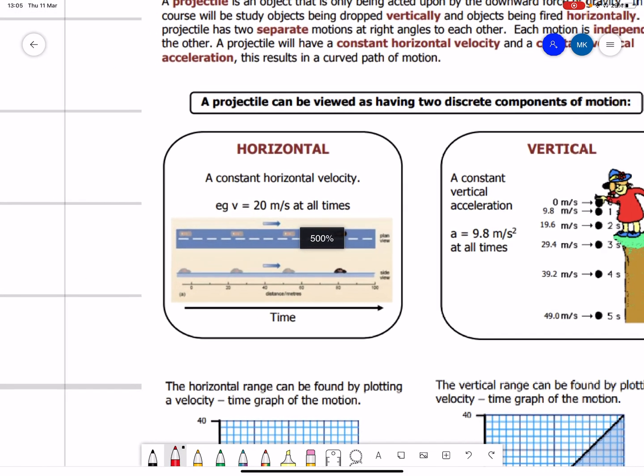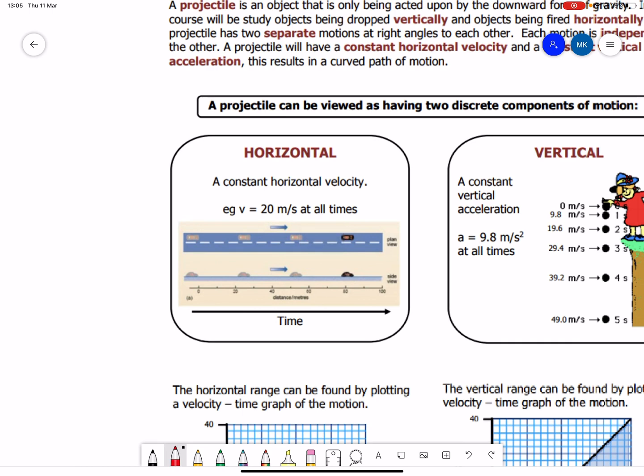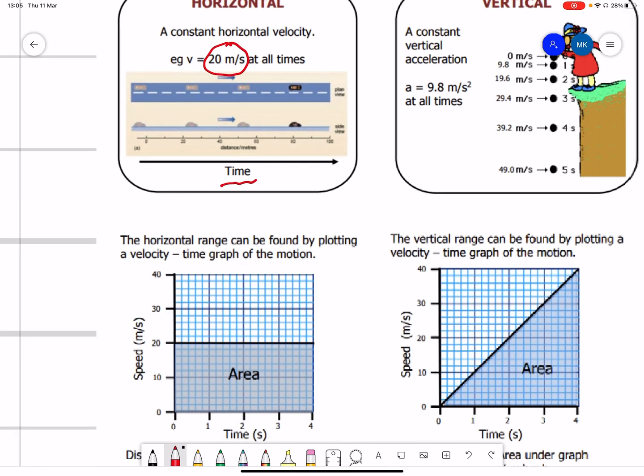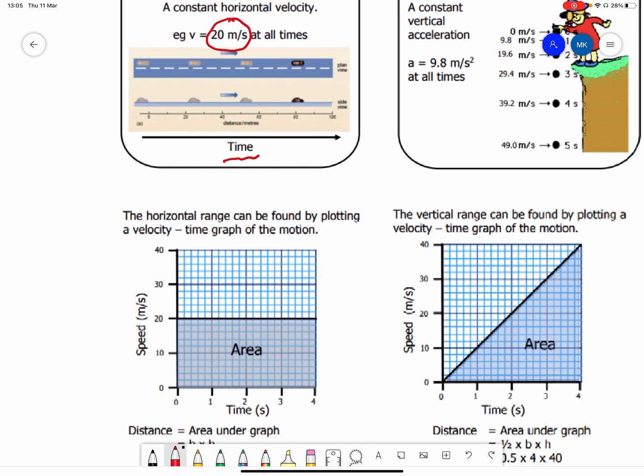So horizontal first, a car, it'd be easy enough: a car travelling at a constant horizontal velocity along a straight road over a course of time, let's say it's 20 meters per second, over 4 seconds. So here's the velocity time graph of that.